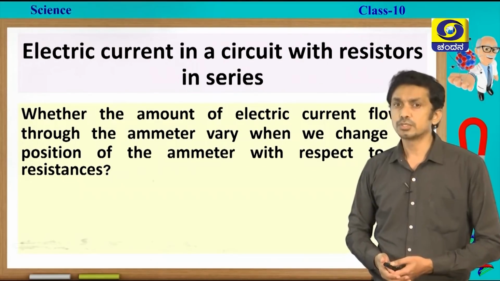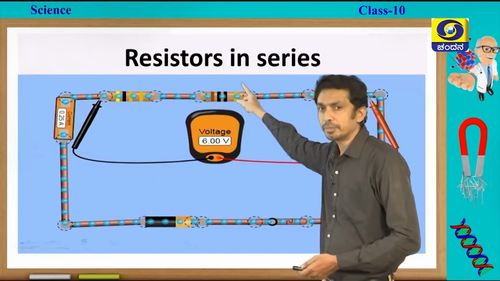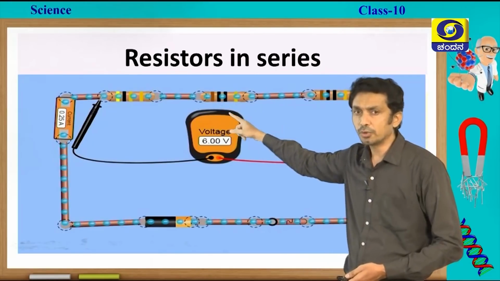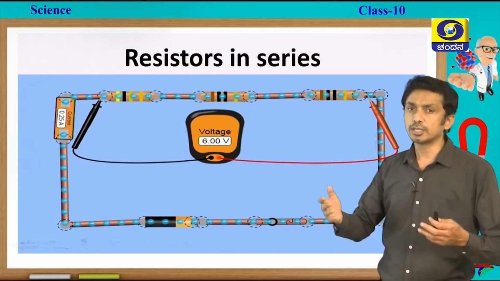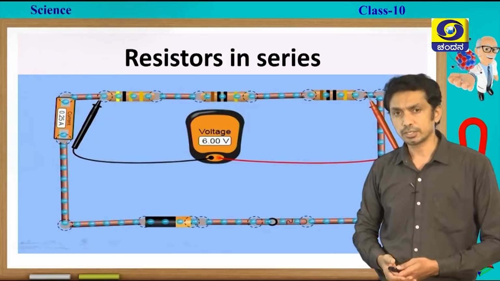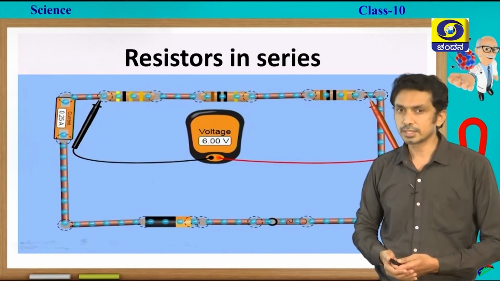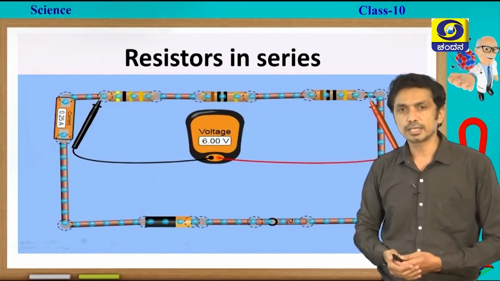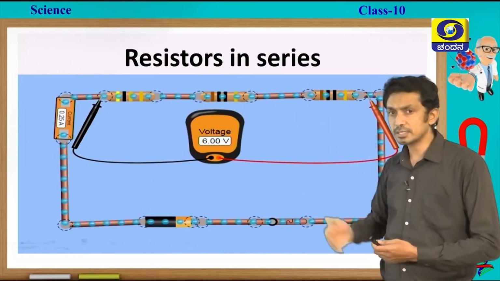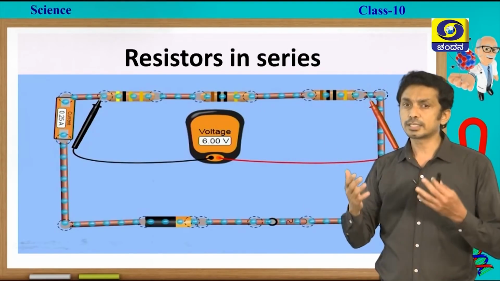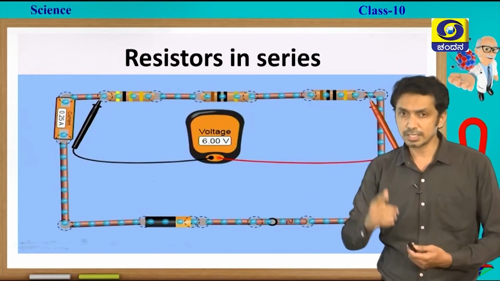Will this resistor, when compared to these two resistors, allow the same amount of current to be recorded in the ammeter, or will a different amount of electric current be recorded? Now, are you curious to know about this? Yes, come, let us go into this activity and see whether in this series circuit the electrical current varies in each or whether it remains the same. That is our question.